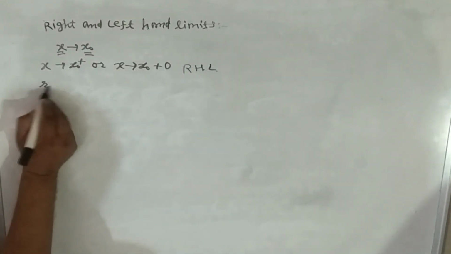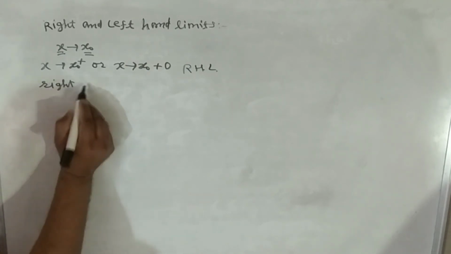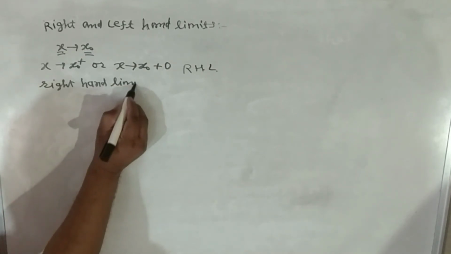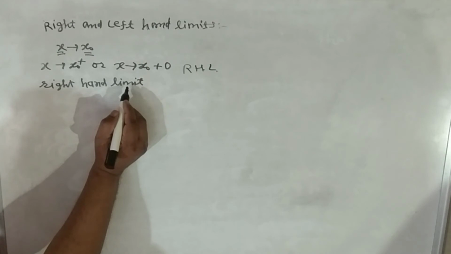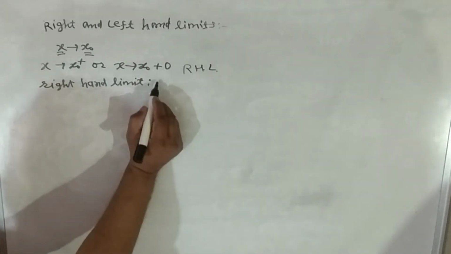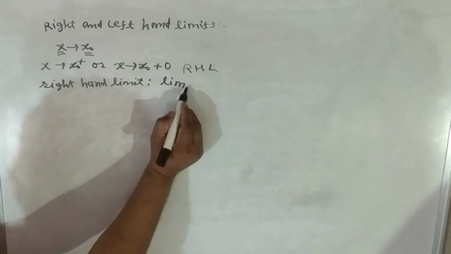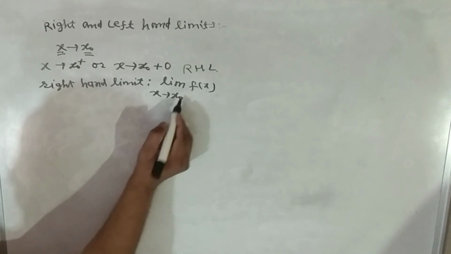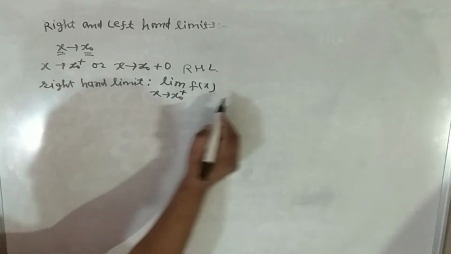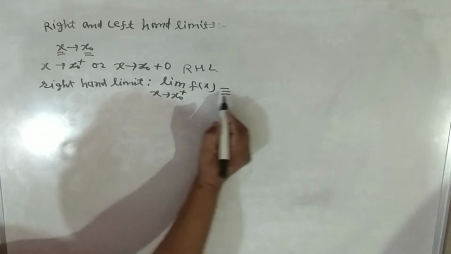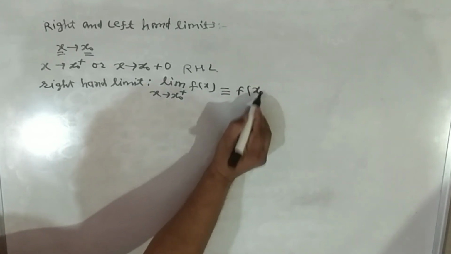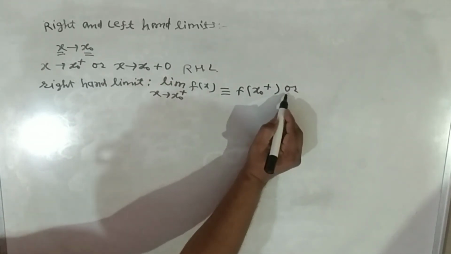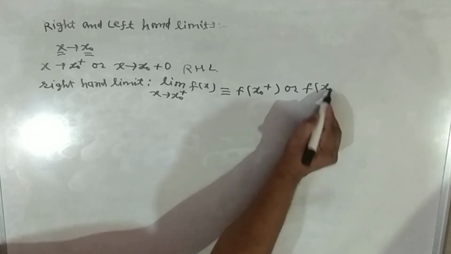Means right hand limit is the limit of a function f of x as x tends to x0 plus, identically equal to f of x0 plus, or f of x0 plus 0.